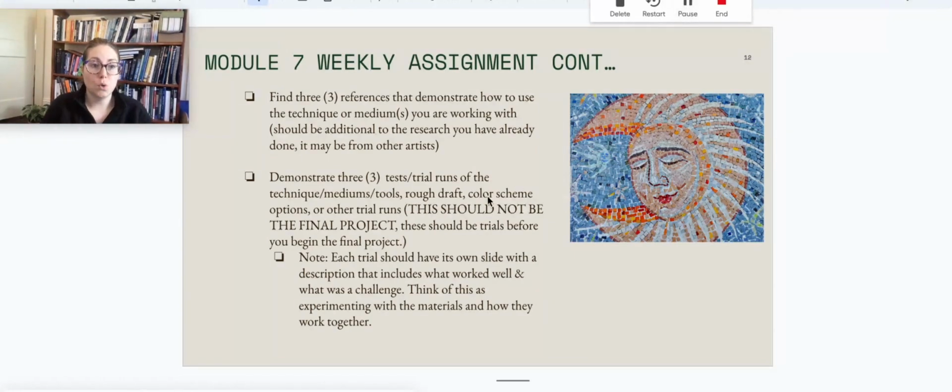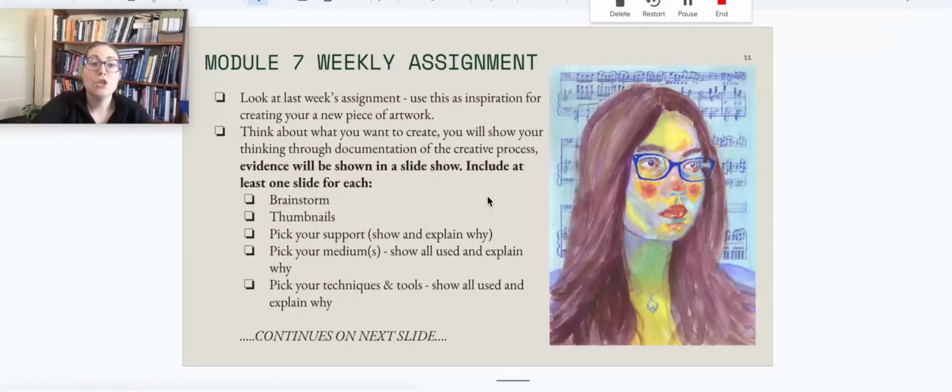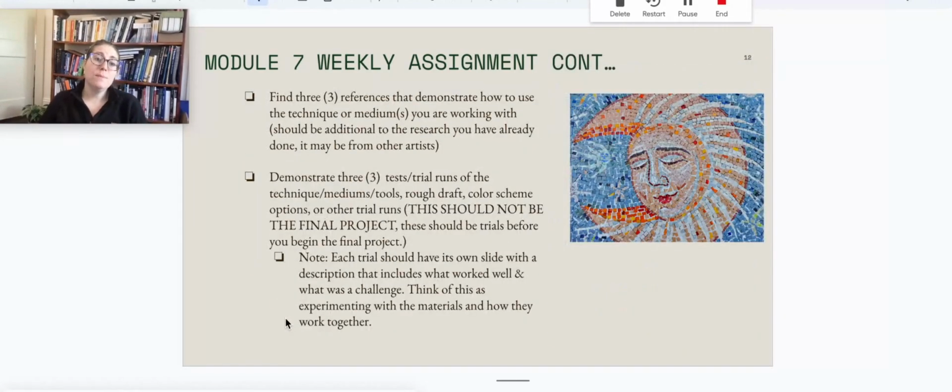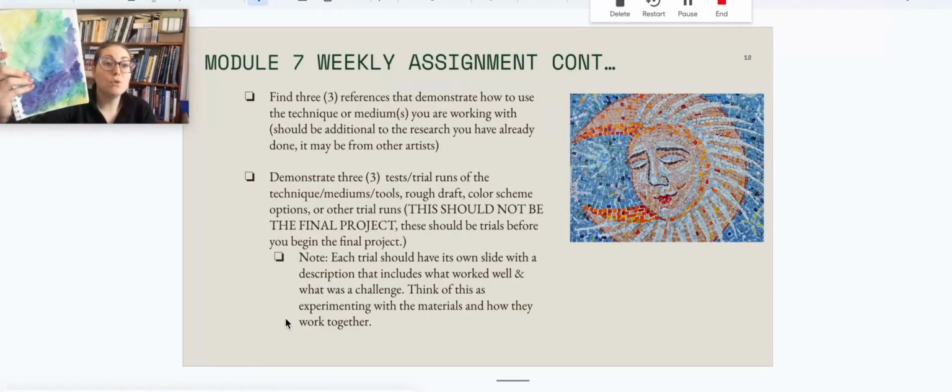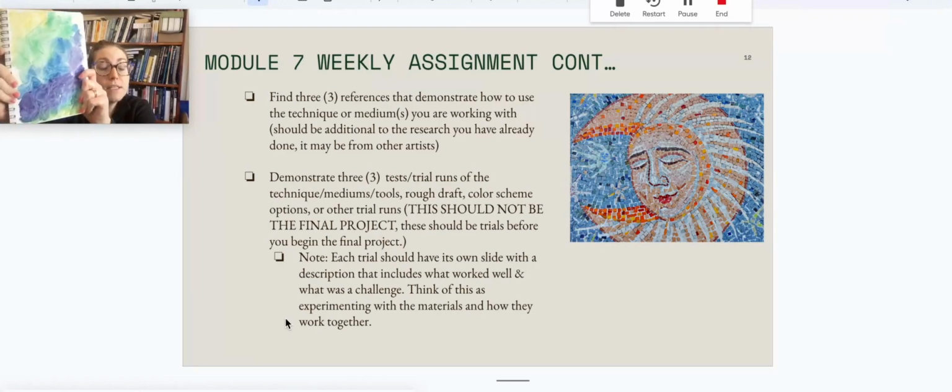That is your goal this week, to experiment with the materials, to try incorporating different things. Now, I will be honest, you might not even be able to create this slide about picking your techniques and tools until you are done with your experiments. Because, for instance, you might think, okay, I'm using a brush and I'm using watercolor and I have a couple things in here, but maybe when you go grab that piece of recycled saran wrap, then you're like, oh, that's another tool, right?